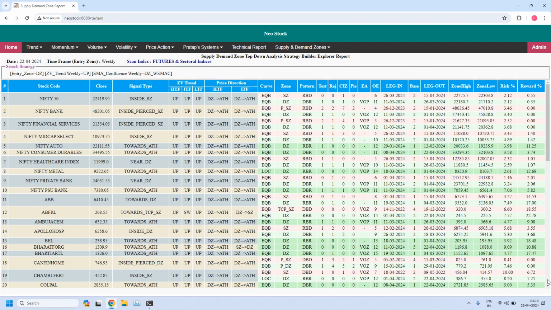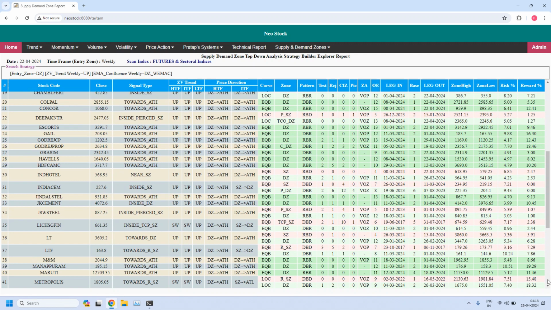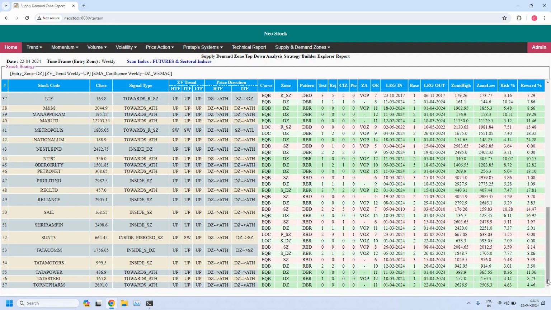Let me scroll down. All these stocks have weekly EMA confluence and also an uptrend in the weekly. Let me scroll further down. In total, 57 stocks are filtered.